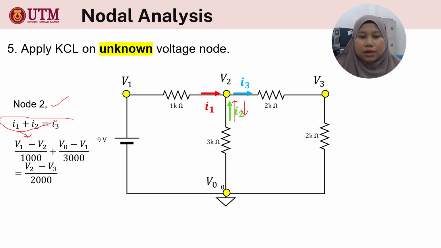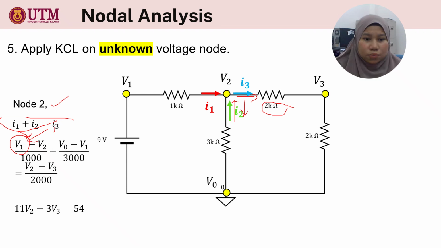And the direction of the current is like this, so V2 minus V3 divided by 2000. And then we can also put in the values here.